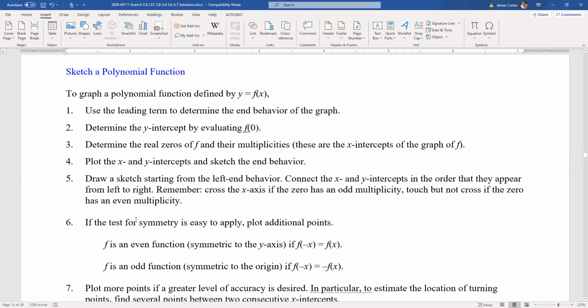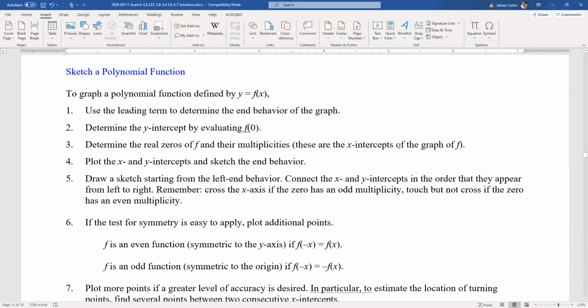Sketch a polynomial. Okay. First, we look at what the leading terms do for us, whether it's like that, or like this, or like this. Then you find the y-intercept.